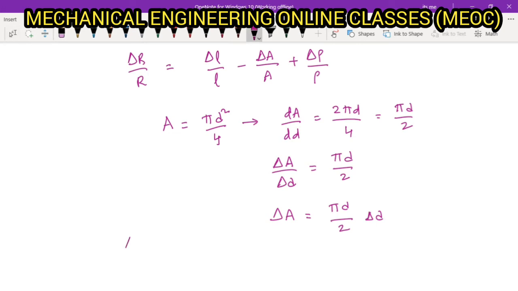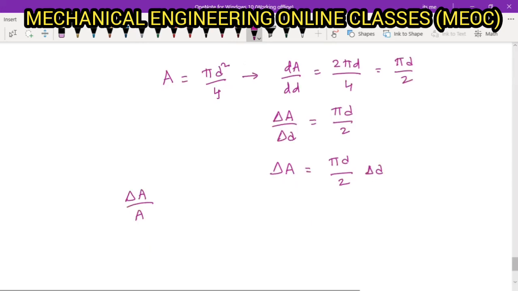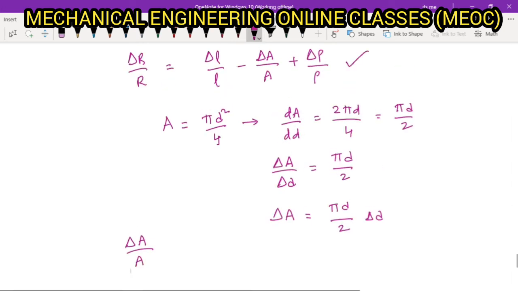So what is delta A by A? This is the term which we actually have in this equation. So it is pi d by 2 into delta d divided by A, which is pi d square by 4. So pi and pi cancel, 2 and 2 give 4, and d and the square in the denominator get cancelled.